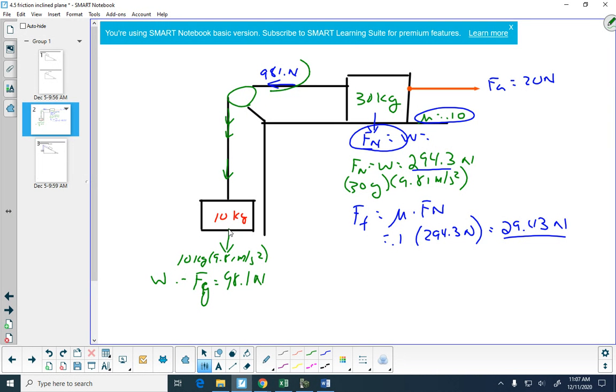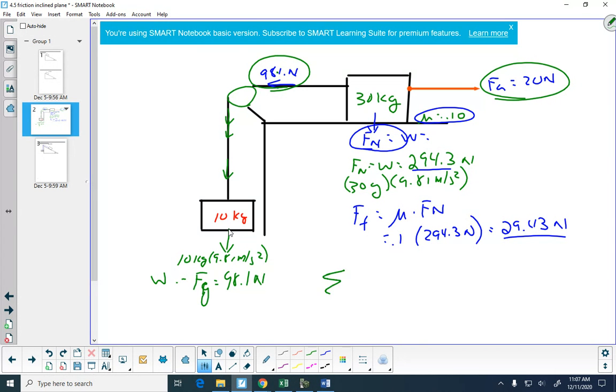I have 98.1 newtons pulling to the left. I have 20 newtons that are pulling to the right. To the left. It's going to go to the left. So I have 98.1 newtons going to the left and 20 newtons going to the right. So this object is going to move to the left.